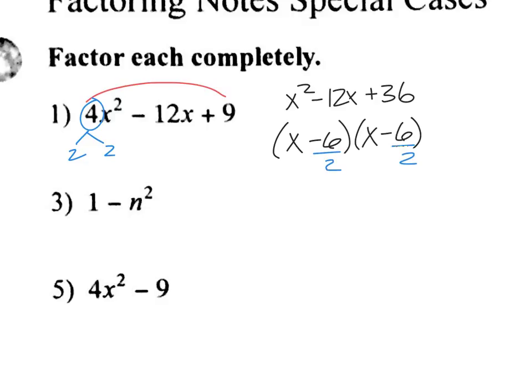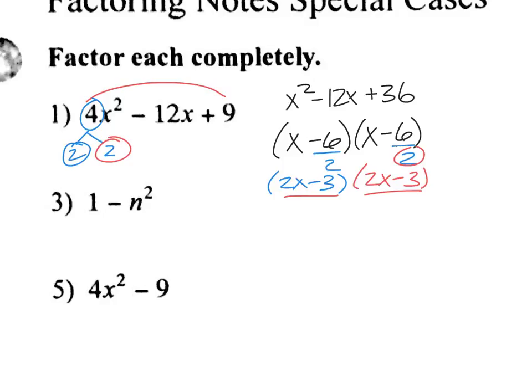So I have a 2 that I didn't use, and so I end up with a 2x minus 3. And then I have this other 2 that I didn't use over here, so I end up with 2x minus 3. And what we notice is we get the same exact thing because this is a perfect square trinomial.